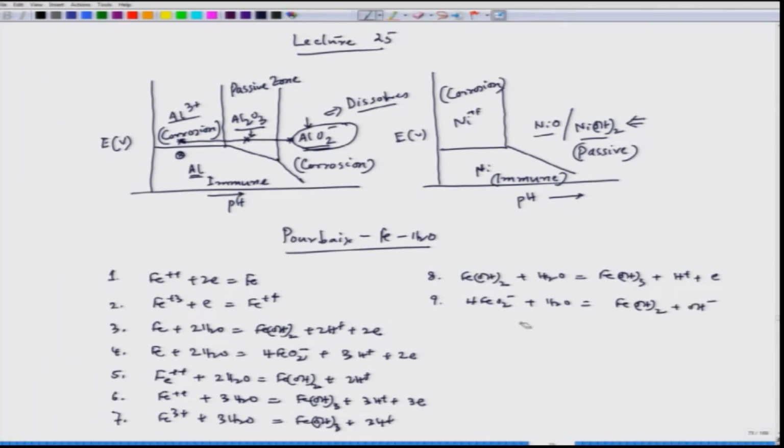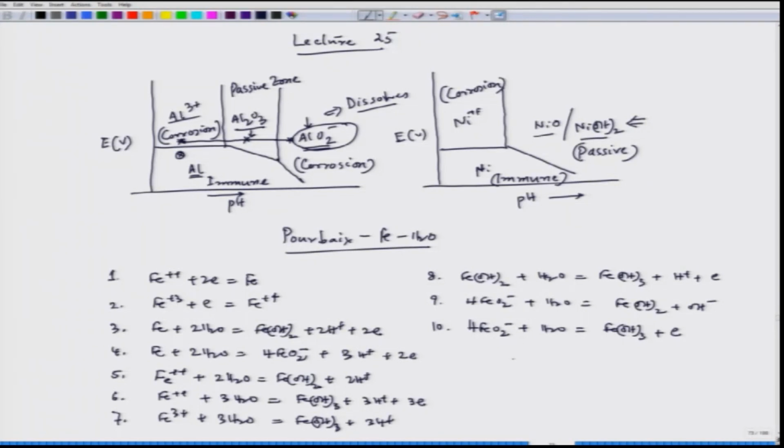So, let us get to these equations. There are such equations available, and another equation which is HFeO2 minus plus H2O equal to. So, these are the reactions I have noted. There are other reactions possible.